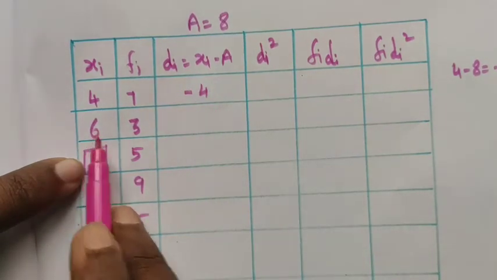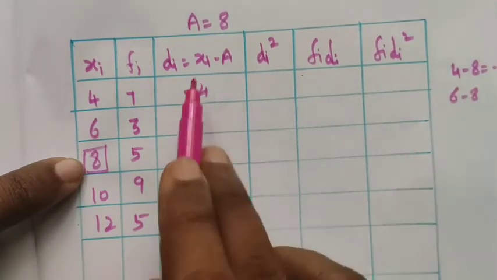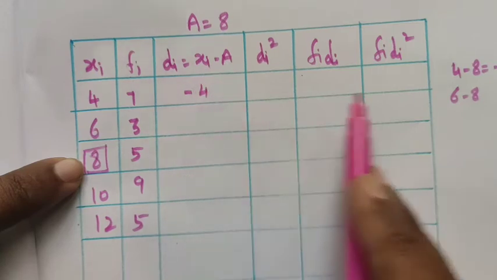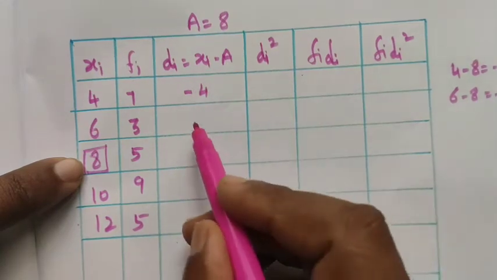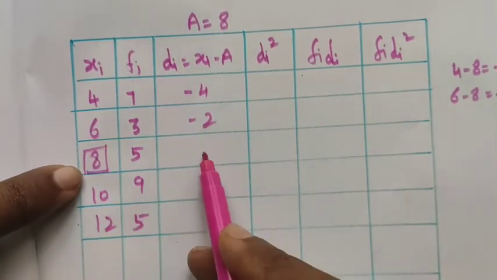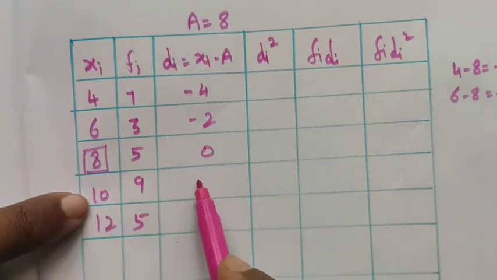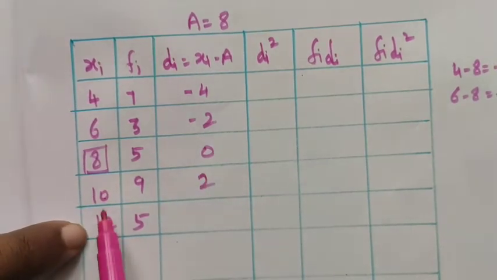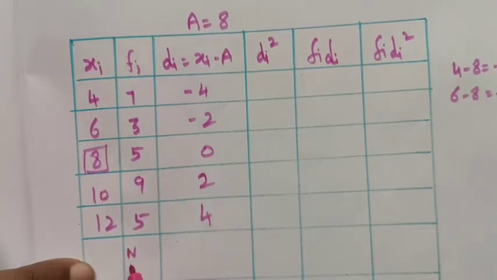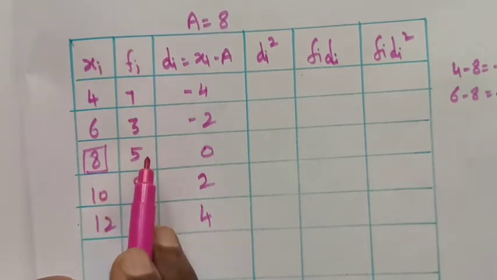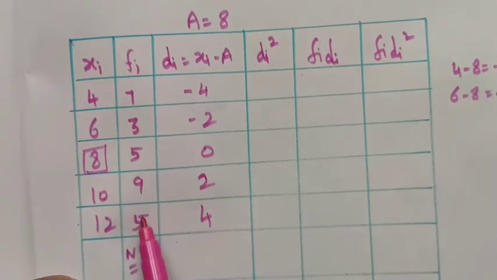Then 6 minus 8 is minus 2, 8 minus 8 is 0, 10 minus 8 is 2, and 12 minus 8 is 4. So n is the summation of f. Sum of these values is 7, 10, 15, 24, 29.